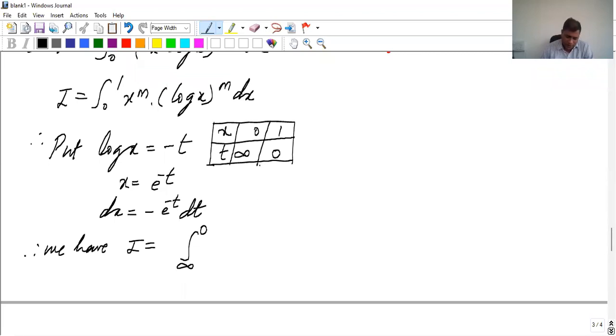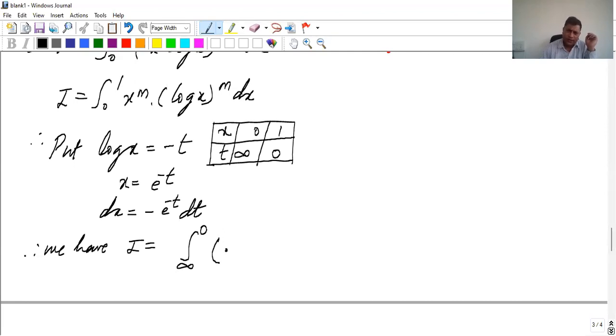Because when x is equal to 0, the t limit is going to be infinity. When x is going to be 1, the t is going to be 0. So here we have the limits as infinity to 0.